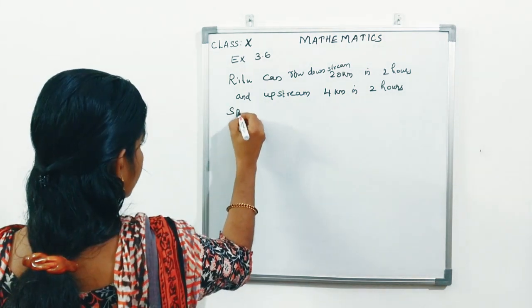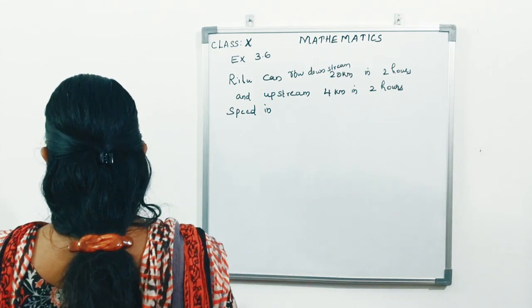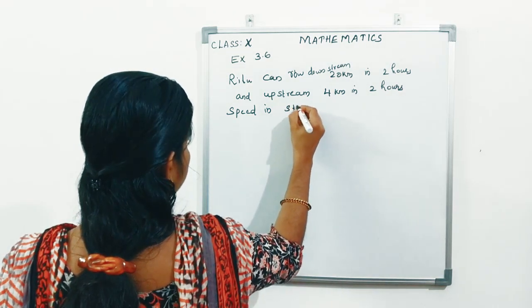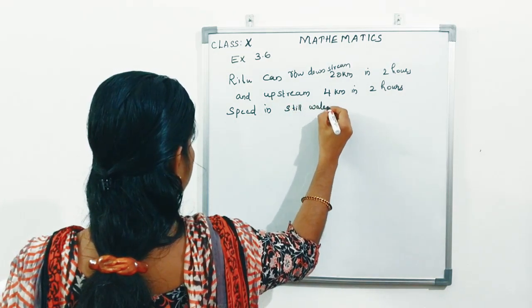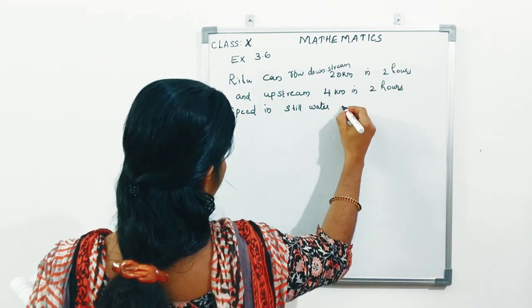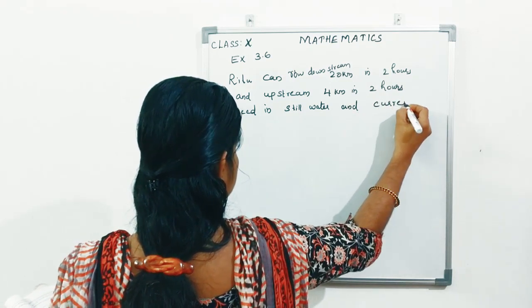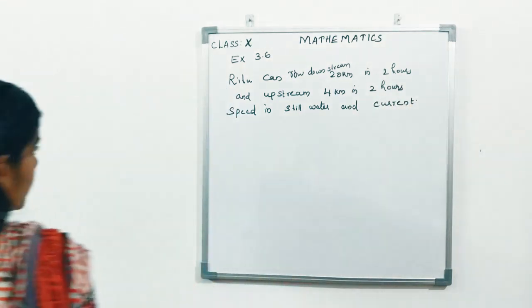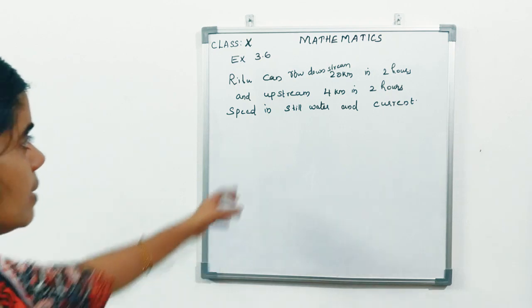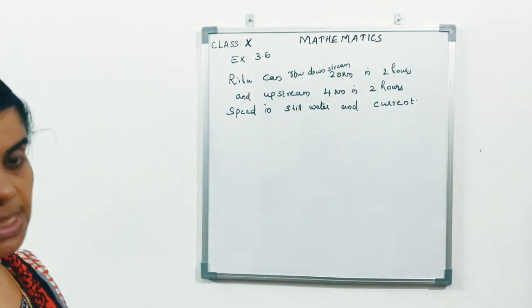Find the speed in still water and the speed of the current. These two you want to find out. Ritu can row downstream 20 kilometer in 2 hours.